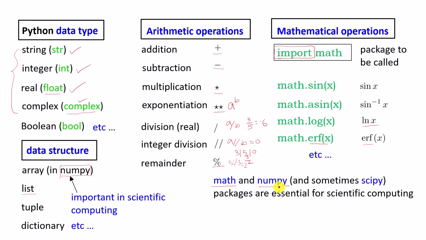Some of the complex mathematical programs that we would write by ourselves, later on you will learn that if we use the package SciPy, or Scientific Python, then all those complex mathematical calculations can be accomplished very easily. So math and NumPy are the most important, and sometimes we may use SciPy in bigger and complex programs.